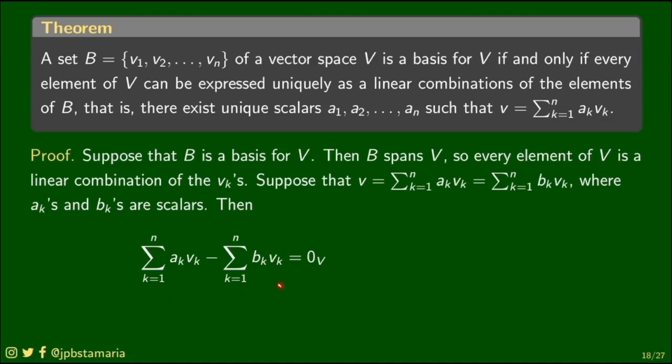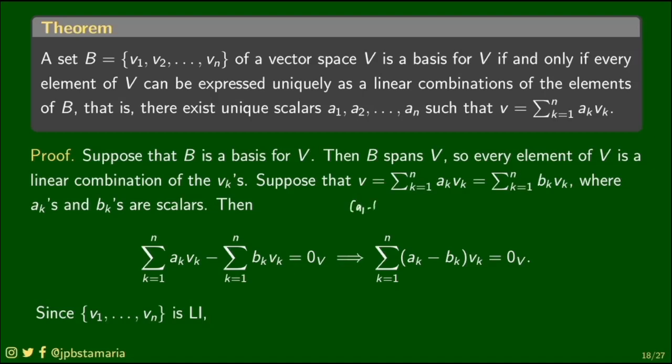But arranging the sum, that sum gives us the following sum. So when you try to expand this one, it's like (a1 minus b1) v1, (a2 minus b2) v2, and so on, (an minus bn) vn equals 0. But look at this, these vectors v1, v2 up to vn are linearly independent.